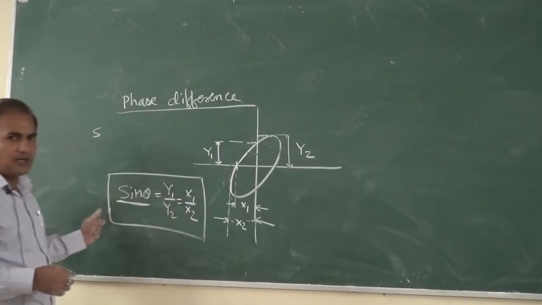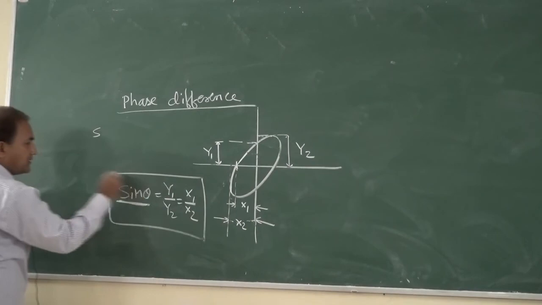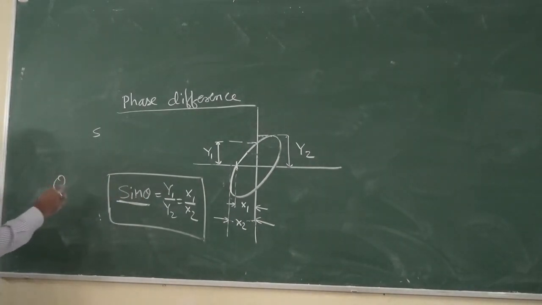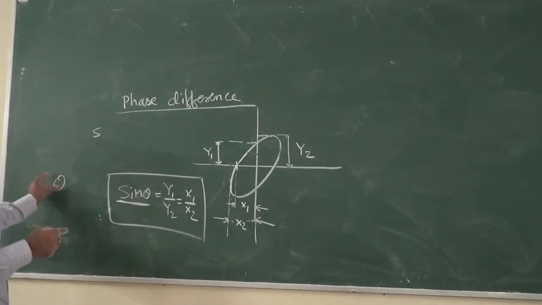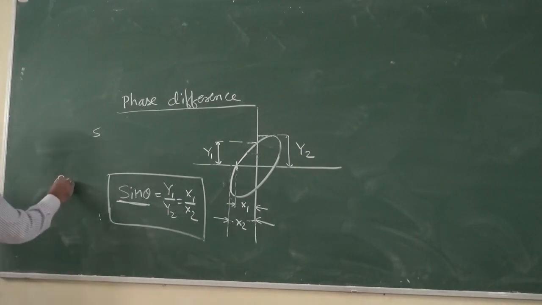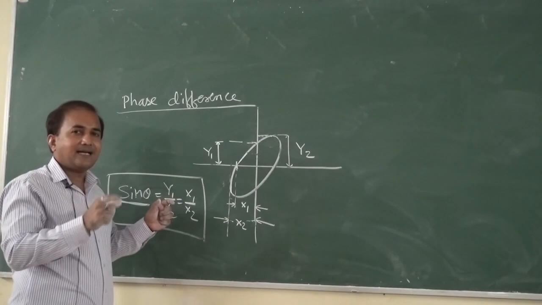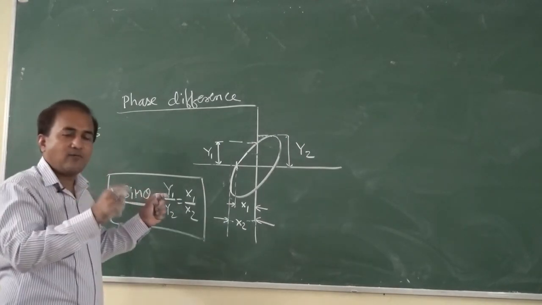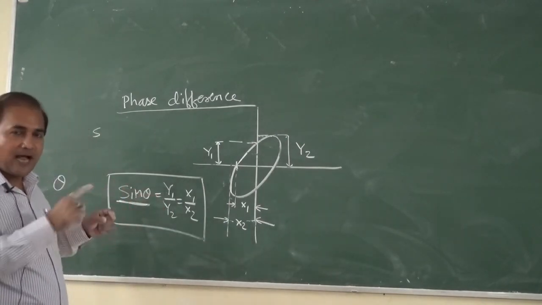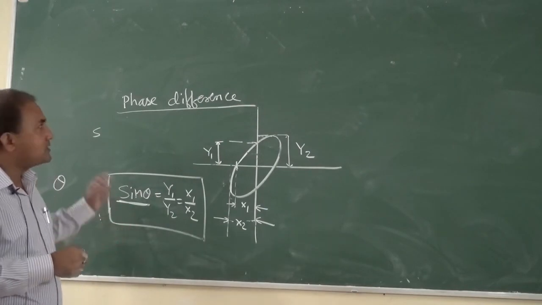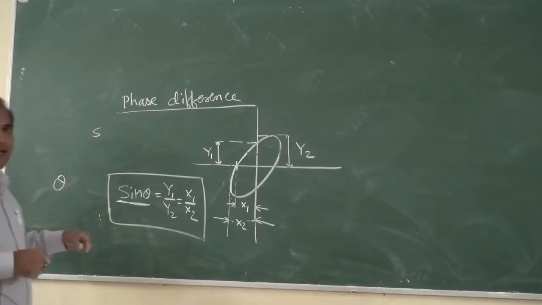By using this formula, we can calculate theta, the phase difference between the two signals applied to the X input and Y input of a CRO having the same frequency. So in this way, the phase difference can also be calculated.